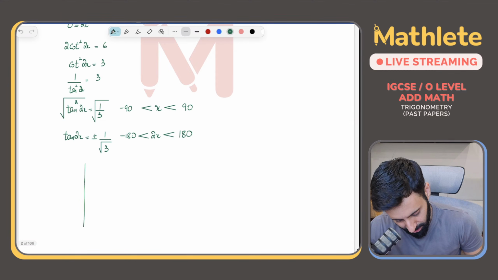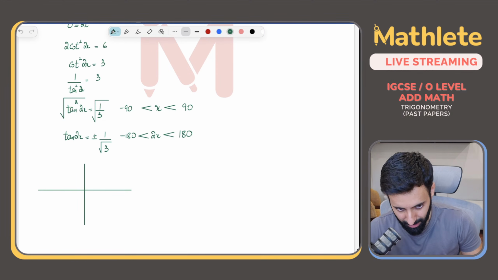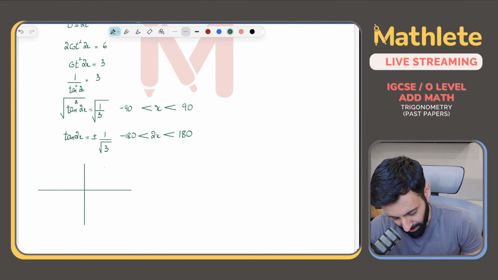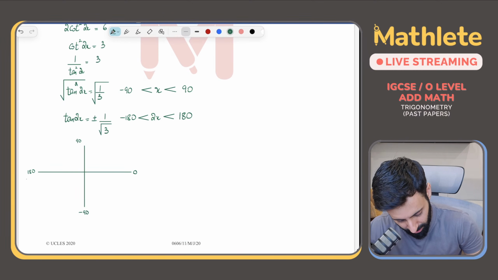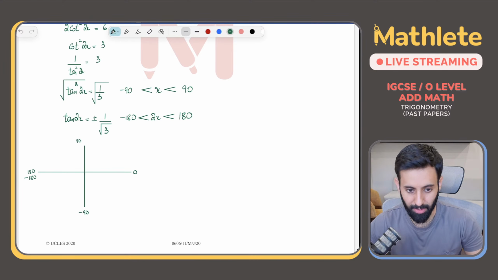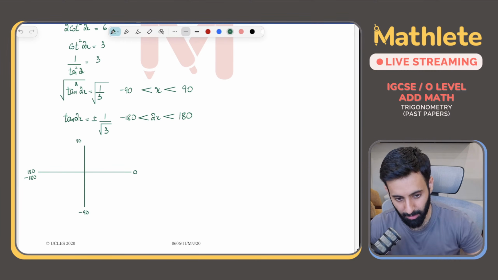This means that yes, we will look into all 4 quadrants, but we have to watch out for the direction. Okay, so if we're going in an anti-clockwise direction, we can't exceed 180. And if we're going in a clockwise direction, we cannot exceed minus 180. We cannot go further back than minus 180.